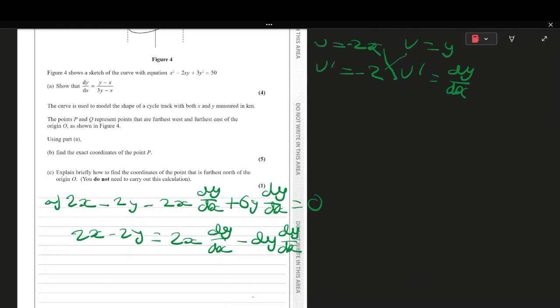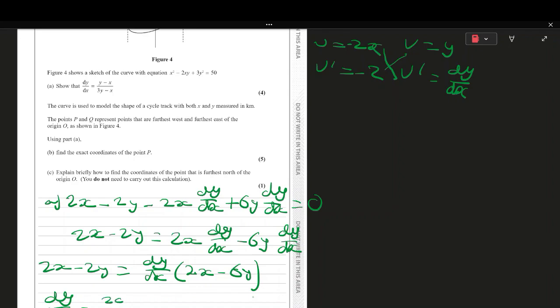If we factor out the dy by dx, so 2x minus 2y is equal to dy by dx times 2x minus 6y, and then we divide that, so we get dy by dx is equal to 2x minus 2y over 2x minus 6y.